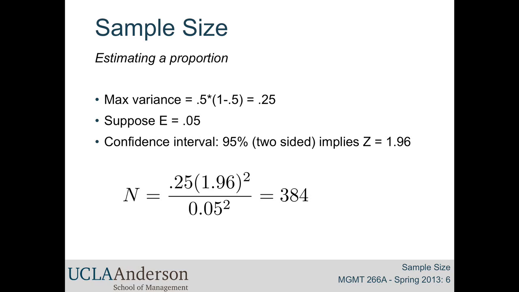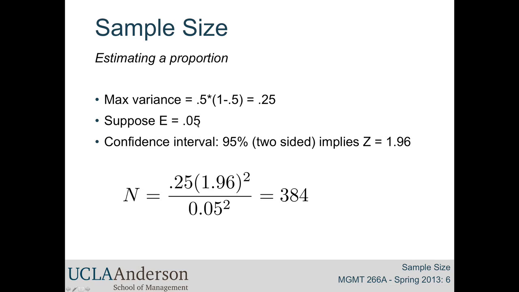The worst case would be, of course, the situation where the population is most variable, and that would be the situation where the population proportion of people who use that feature in my example is 0.5. So whenever I have a proportion, which is an average of something that's either 0 or 1, you have it or you don't, then you can actually use a worst case scenario where sigma squared is equal to 0.25.